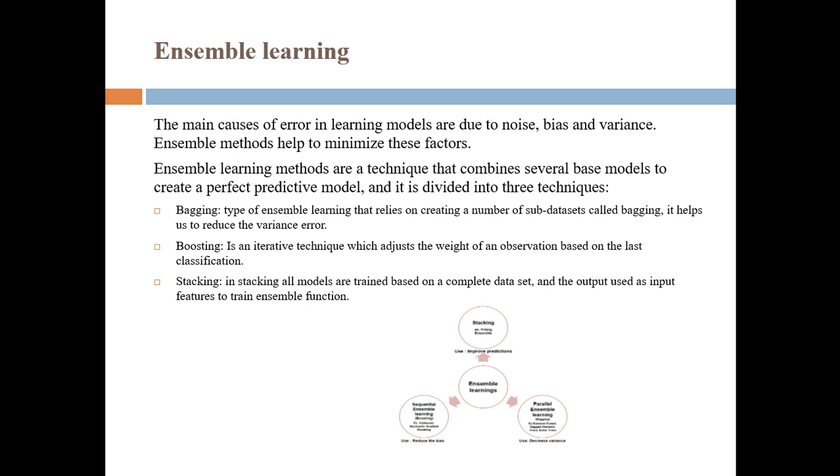Ensemble learning. The main causes of error in a learning model are noise, bias, and variance. Ensemble methods help to minimize these factors. That's why we are using bagging, or ensemble learning, to minimize the variance and avoid overfitting.